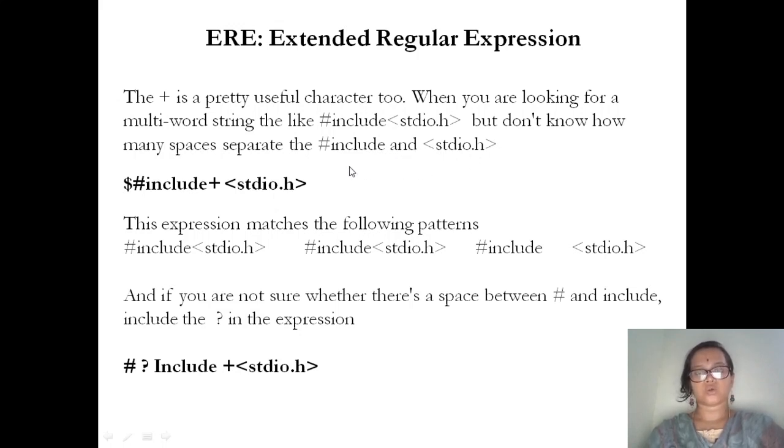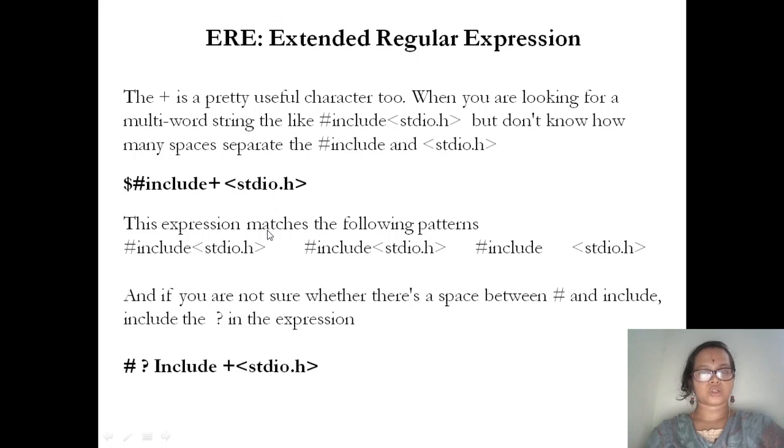If there is one space between them, it's okay. Double space, 3 spaces, I don't know about the spaces. At that time, it is better to mention it like this, #include plus stdio.h.